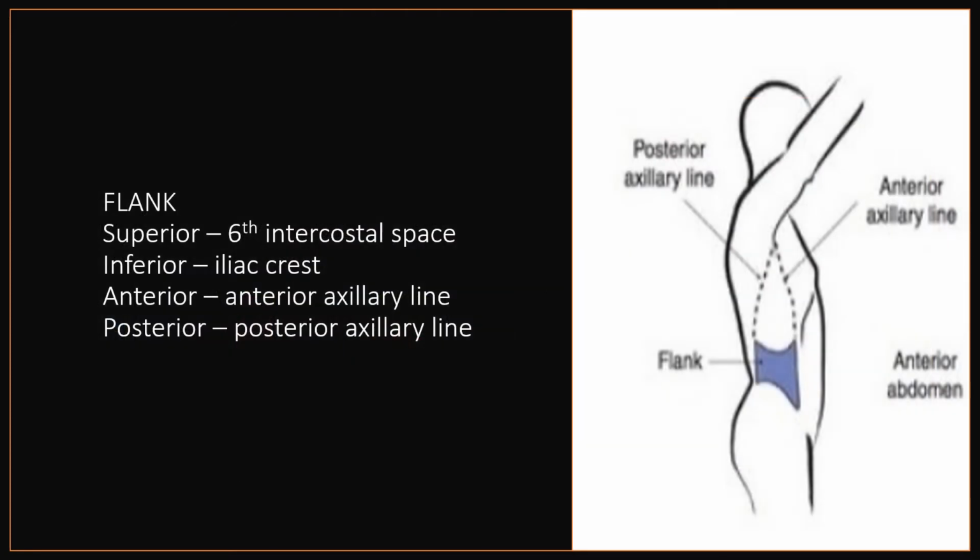Flank, or basically you say pinggang. So the borders or the boundaries are superior by the 6 intercostal space, inferior by the iliac crest, anterior is by anterior axillary line, and posterior is by posterior axillary line.